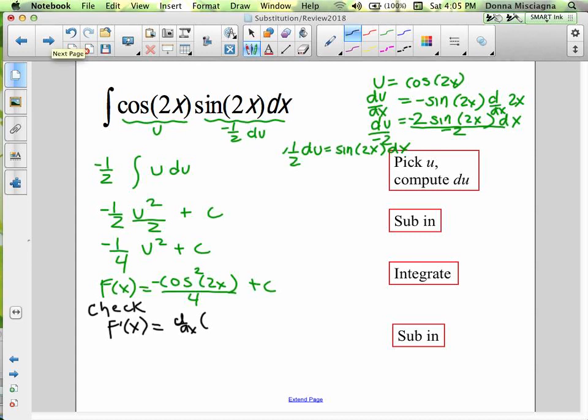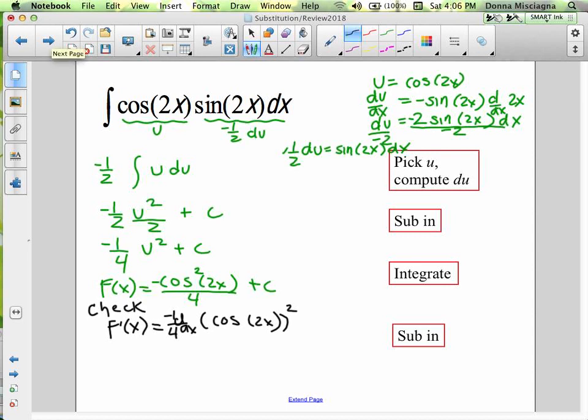The negative is not affected, so it'll be times negative. The negative times the derivative of cosine 2x, that's the BLOP, squared. And actually, let's put the negative and the 1/4 out here.